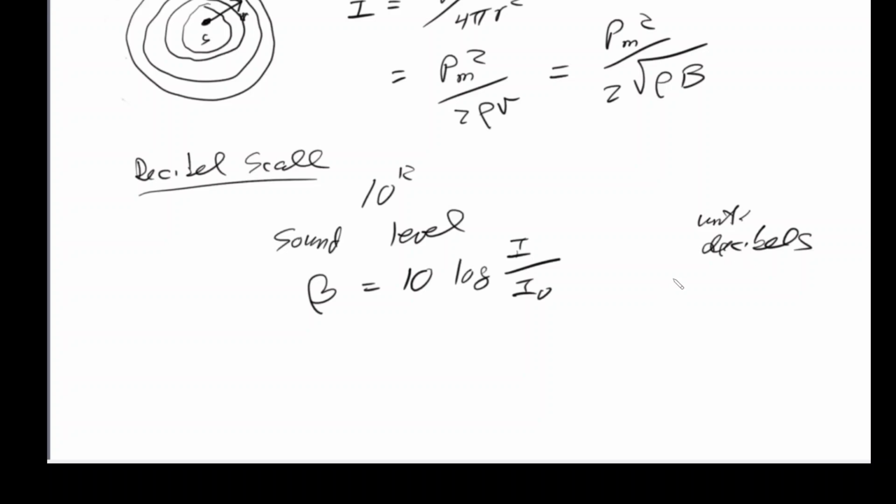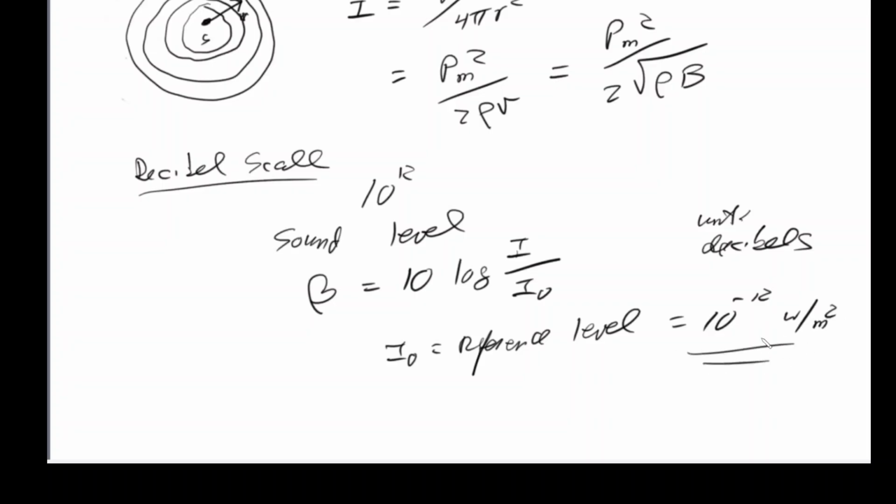And I0 is equal to a reference value. It's a reference level that is equal to 10 to the minus 12 watts per meter squared. And that is actually the very lowest limit of human hearing.